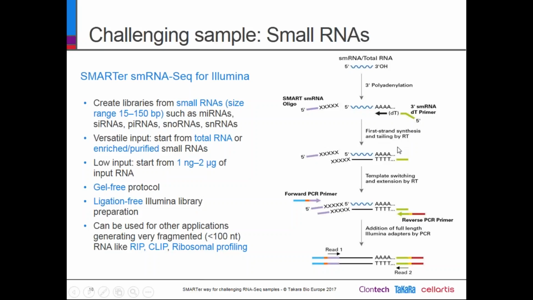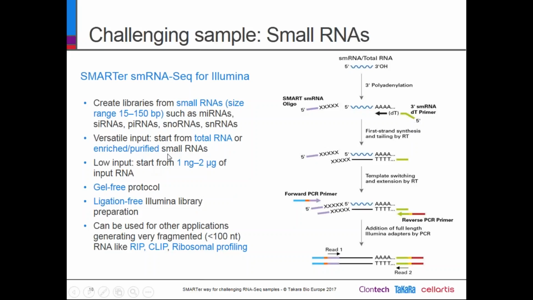Basically, our technology again uses the SMART protocol, which you will recognize as already described. And this has some advantages: you can start with total RNA or with an enriched small RNA fraction, but it's not necessary to enrich the small RNA.